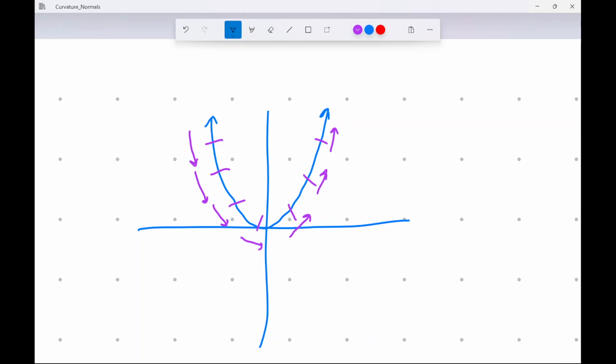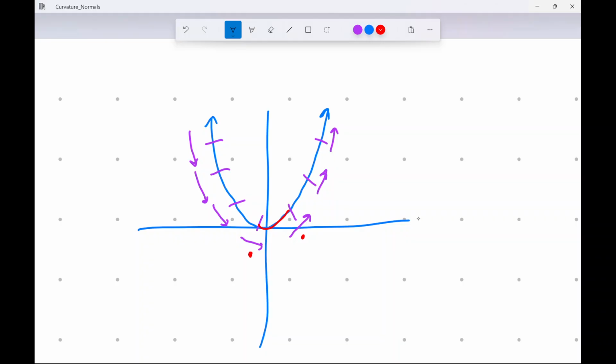And remember, the curvature is proportional to the change in the length of the tangent vector. Between which of these does the tangent vector change the most? I would say it's between this one and this one. So the point with the maximum curvature is somewhere within this region.